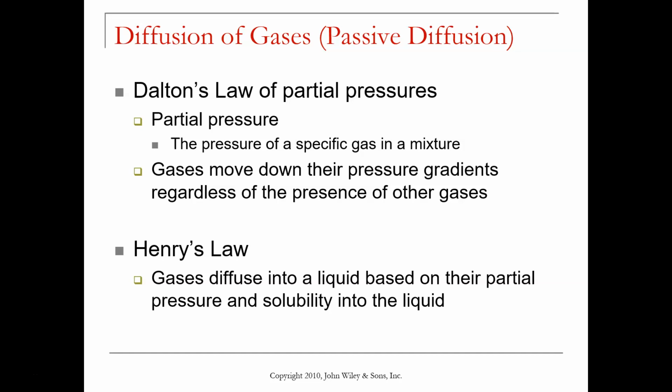In other words, if the atmospheric pressure is 760 millimeters of mercury and the air is 78% nitrogen gas, then 78% of that number, 760, is due to nitrogen, and 21% of it, I didn't do the math, whatever it is, is due to oxygen.